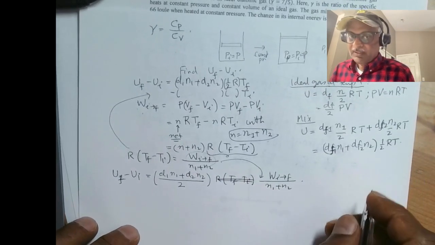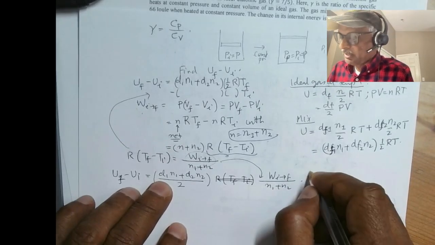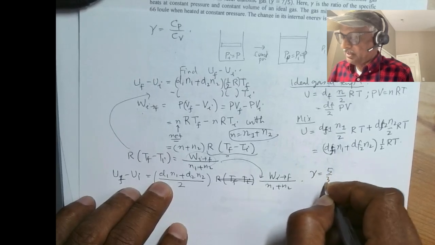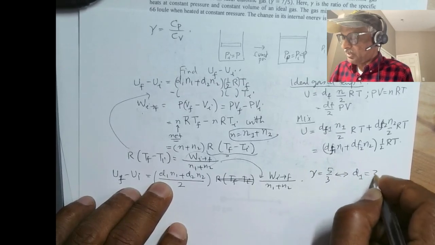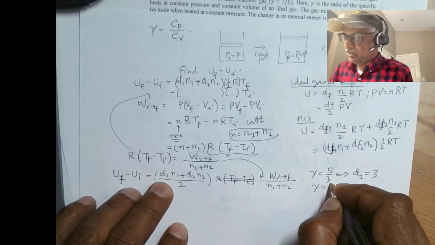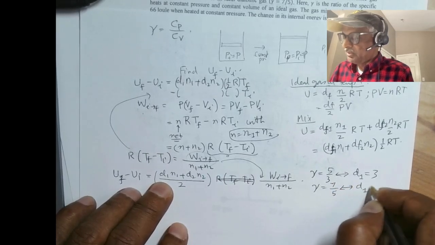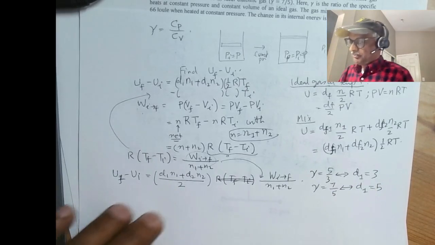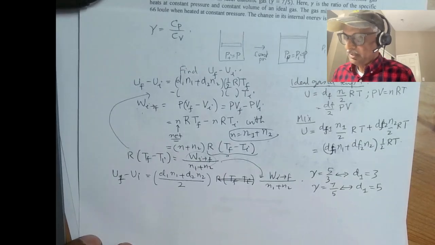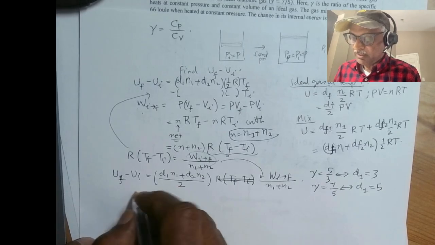To get D1, gamma is 5/3, that corresponds to D1 equals 3, and gamma equals 7/5, so D1 equals 5. Okay, so we just plug in here.